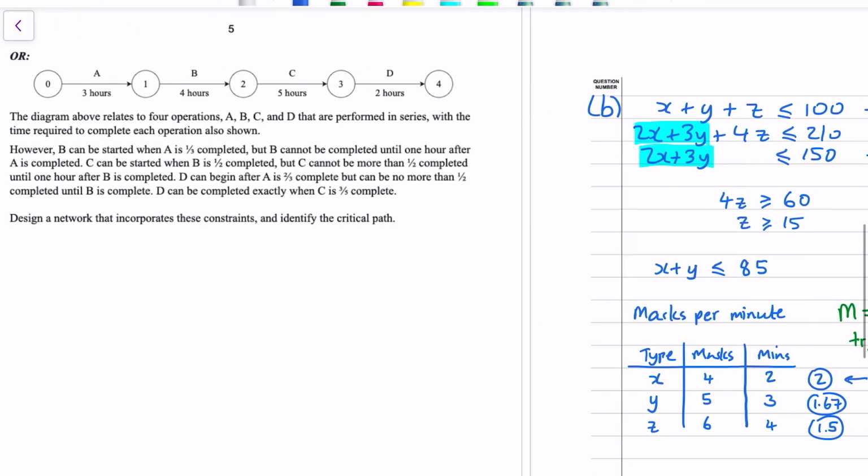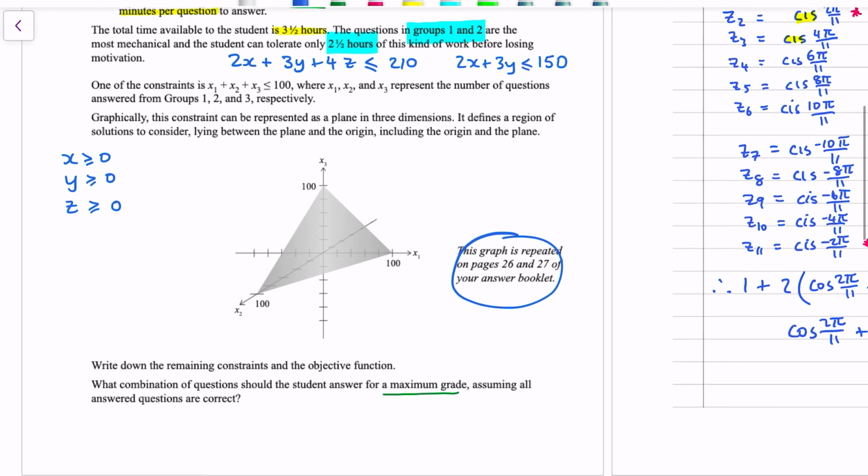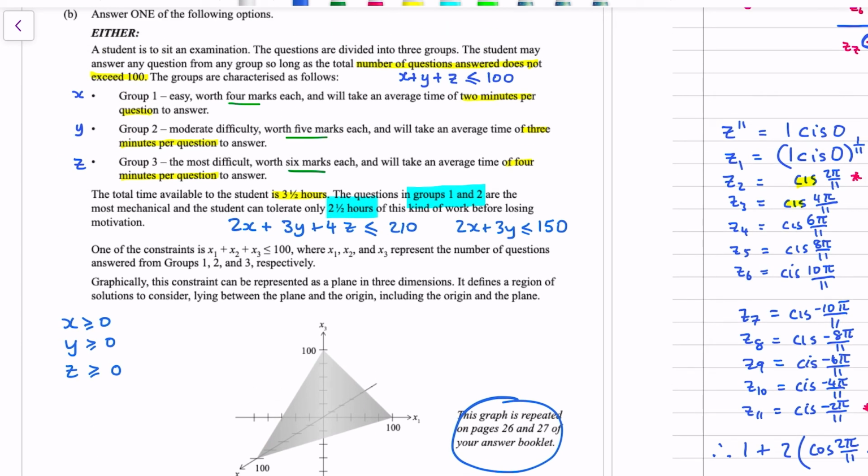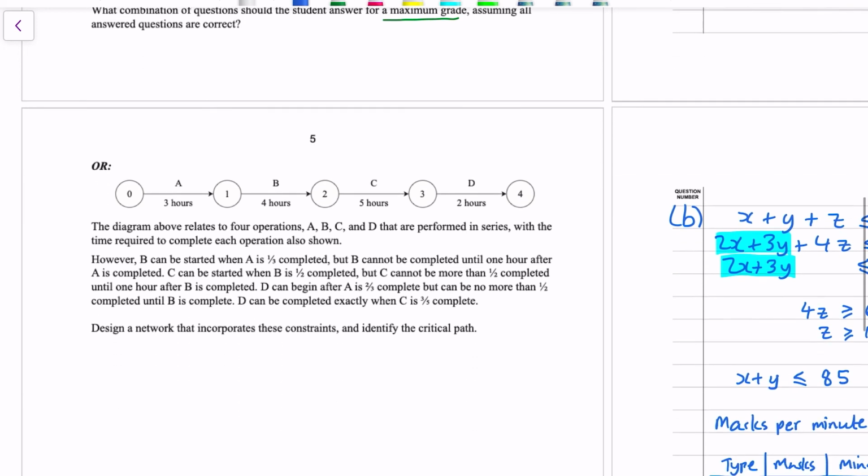Are there that many questions available to do? Does it say how many questions there are? It doesn't actually say how many questions are in each group. So we assume that there's enough to be able to do that.